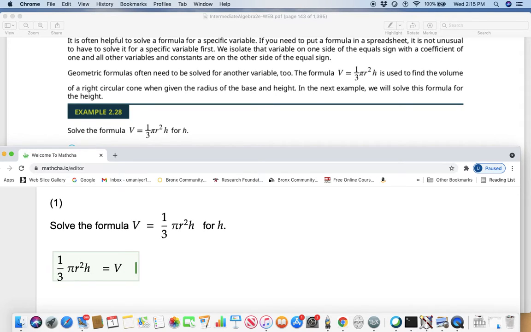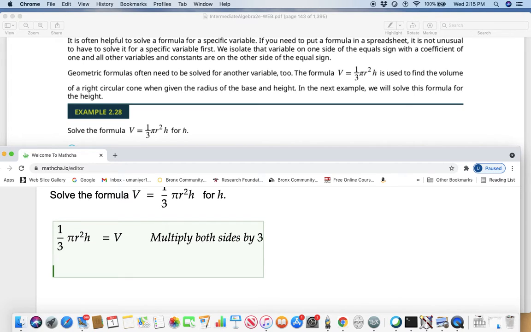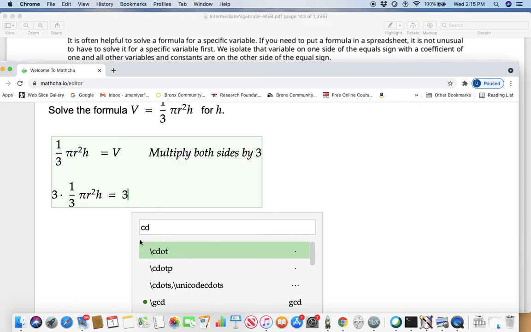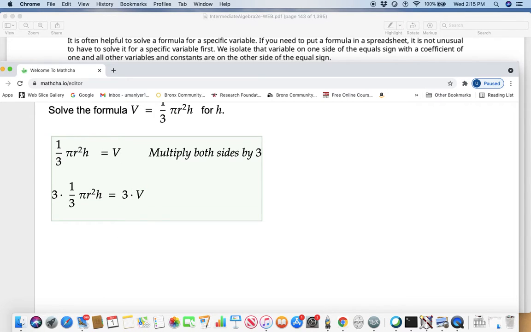What do we normally do? Get rid of the denominator. How do we get rid of the denominator? Multiply both sides by 3. So 3 times 1/3 pi r squared h equals 3 times V. The point of multiplication is that the denominator gets cancelled.